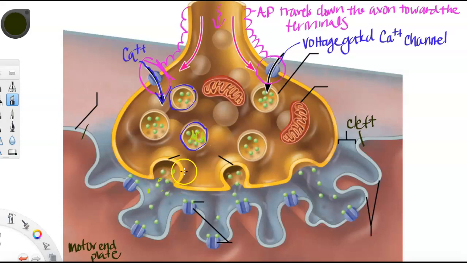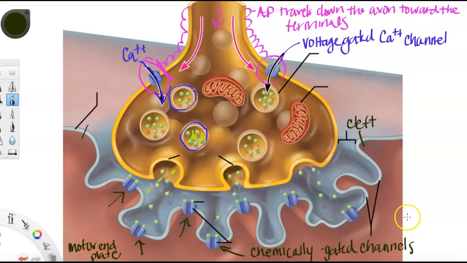So now we have acetylcholine in the cleft. Well, what happens to it? If you remember, and you can see them here, these are the chemically gated channels. These are channels on that motor end plate.